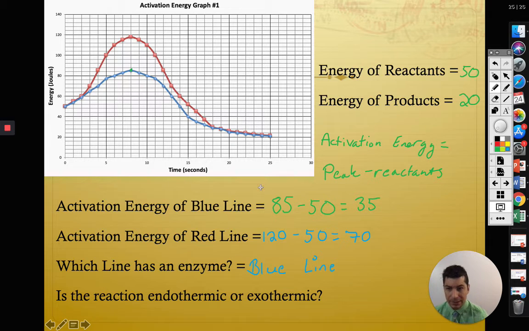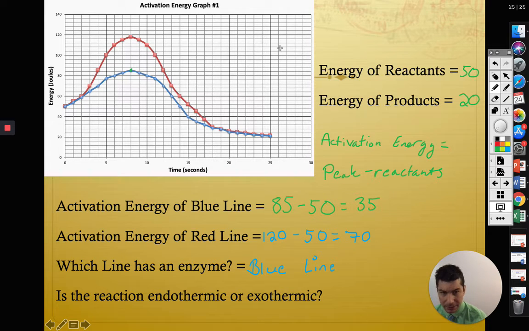Okay. And then lastly, is it exothermic or is it endothermic? Go from your reactants to the products.